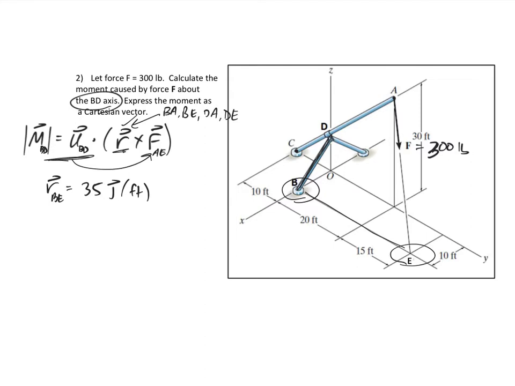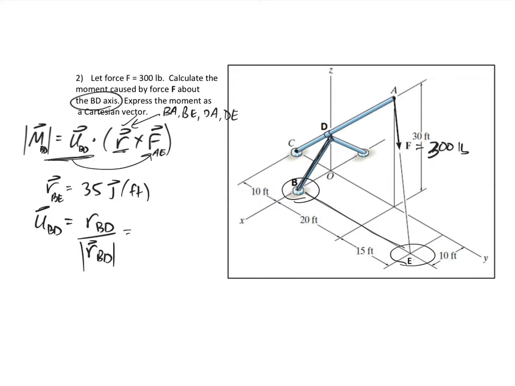Let me find the U of the axis. The U of axis BD is equal to the R BD over the magnitude of R of BD.